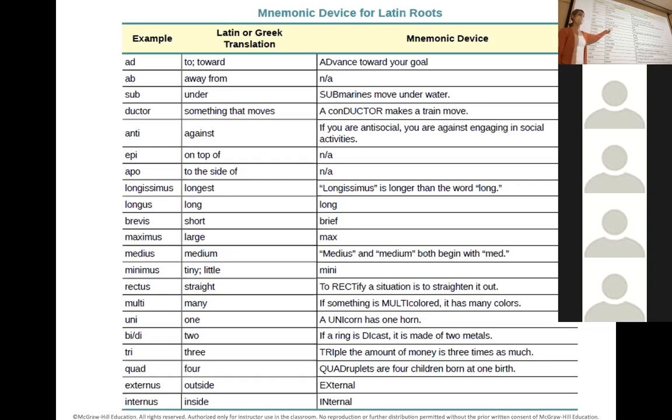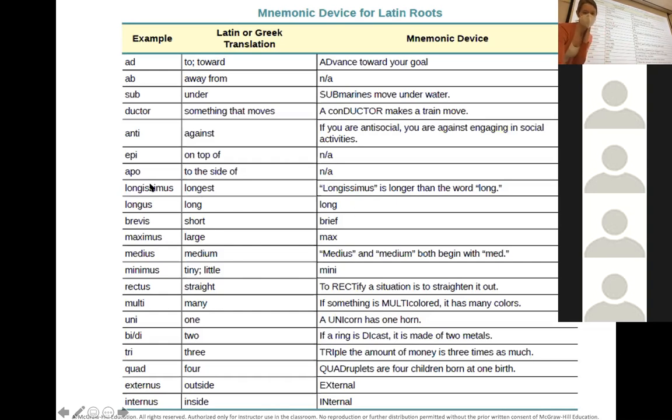That just means the longest. The way to remember longissimus is that the word is actually longer than longus, right? So for you guys on Zoom, I was pointing out longissimus means longest. The way to remember that is that longissimus is longer than the word long.